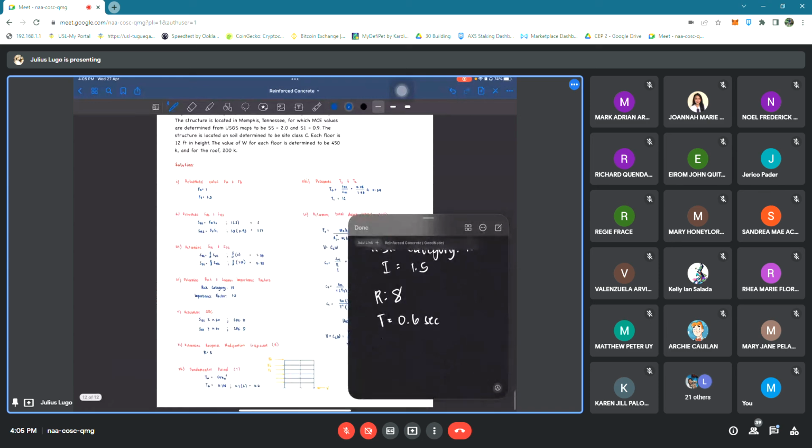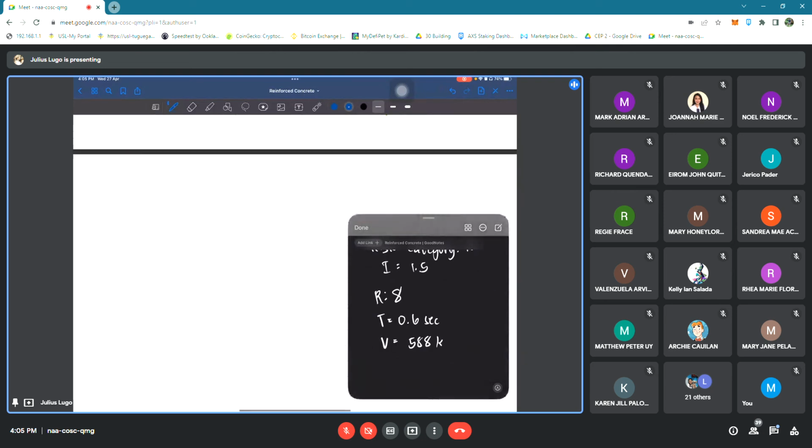Your V now is 588 kN. So I'll proceed to the next page.